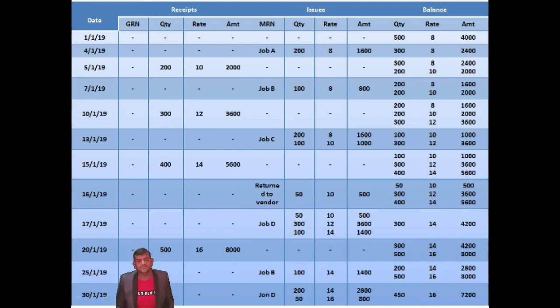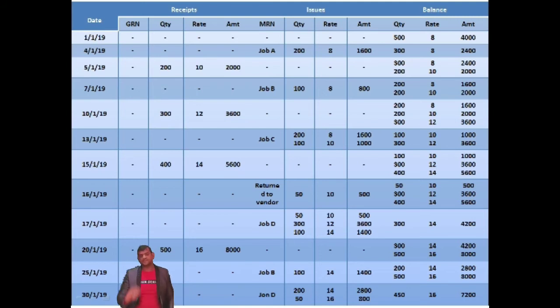So take the first 50 units at rupees 10 each, 500 rupees, 300 units at rupees 12 each, that comes to 3600 rupees, then 100 units at rupees 14, that comes to 1400 rupees.